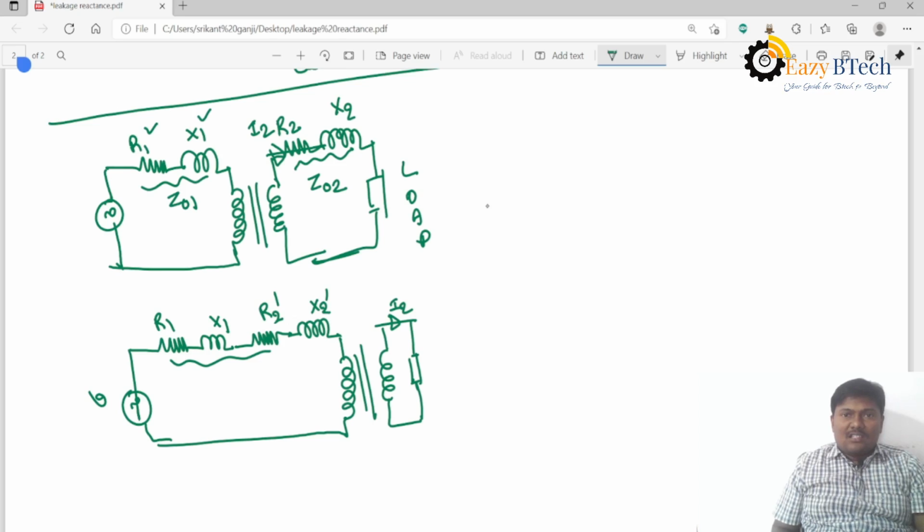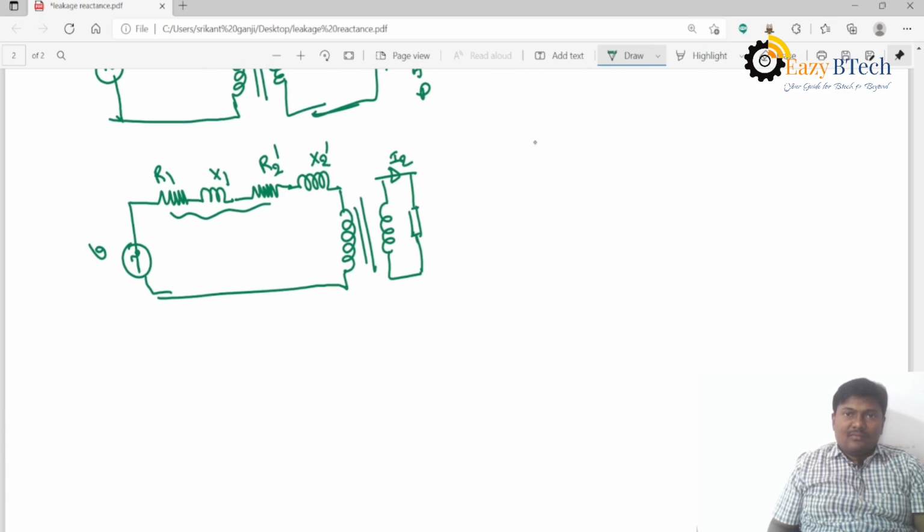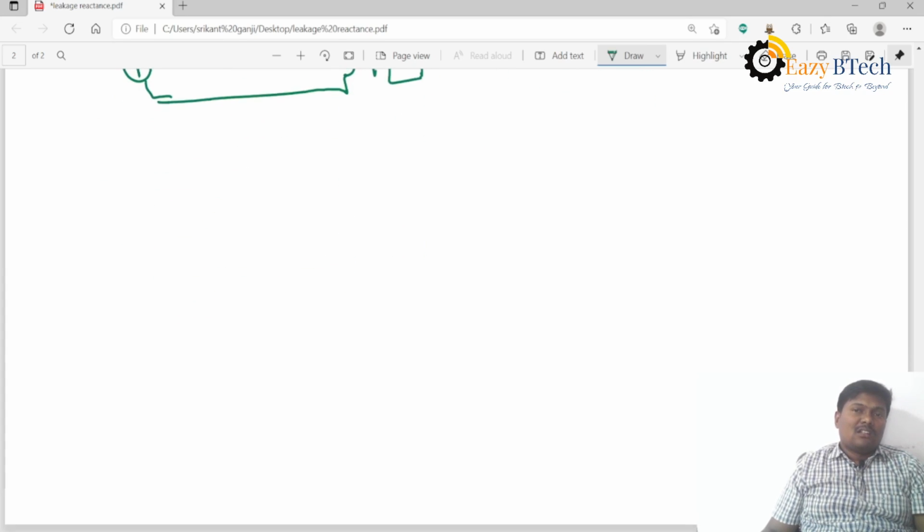Now the total resistance R01 is R1 plus R2 dash, and X01 is X1 plus X2 dash. In this case, Z01 is equal to R1 plus J times X1 and Z02 is equal to R2 plus J times X2, and the total impedance when referred to primary is R01 plus J X01.